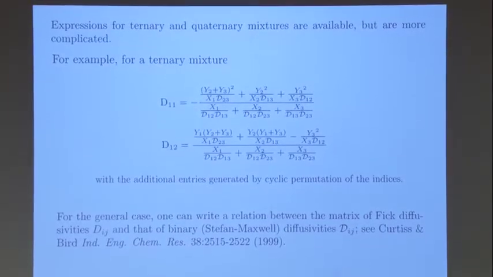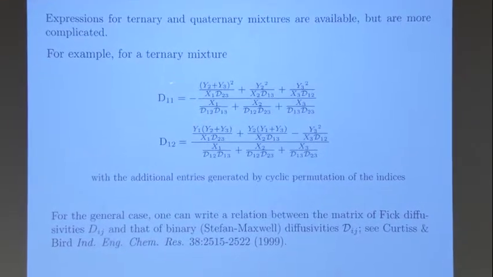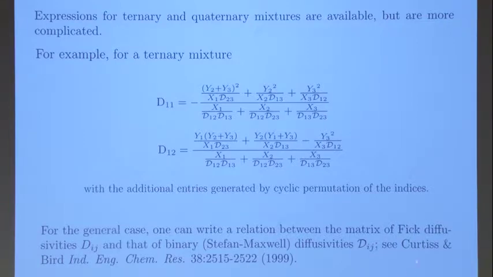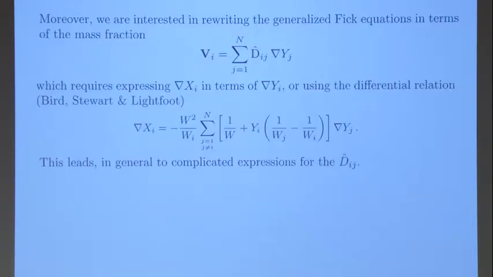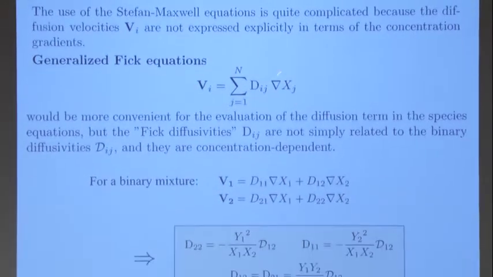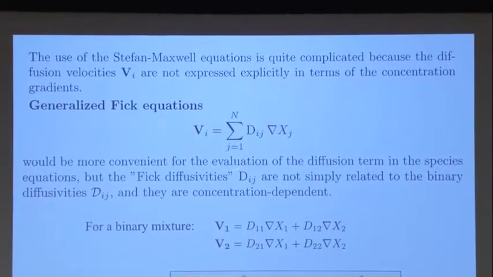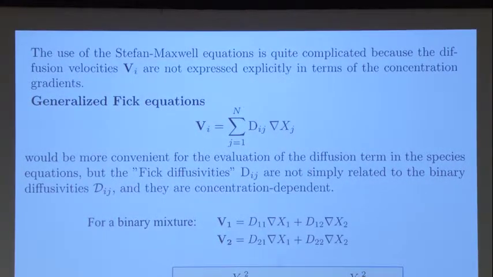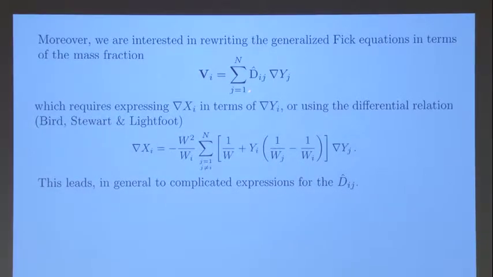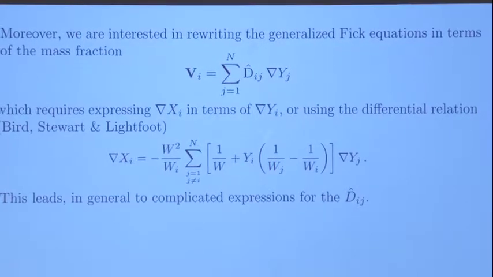The other thing, and here, by the way, is what the expression looks like for a ternary mixture. It's taken from Bird, Curtiss and Bird, but it has also appeared in one of those books that chemical engineers use a lot, so you can find that there. But anyway, the point is that this was expressed in terms of the xj. What we would like in the conservation equation that we derived is to express that in terms of the yj, the mass fraction. So it's not going to be the same Di, it's going to be some Di hat.